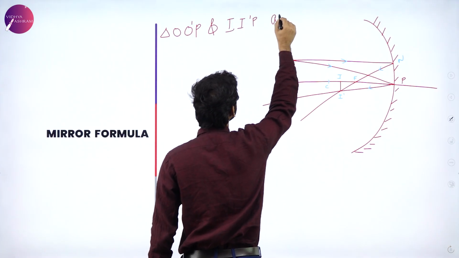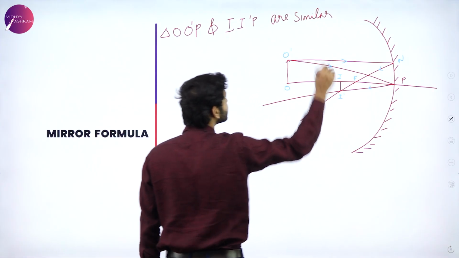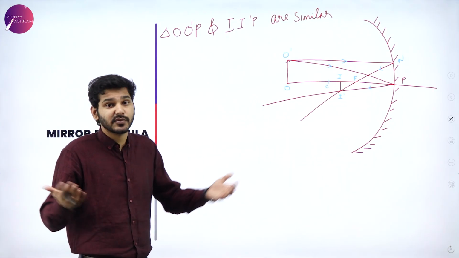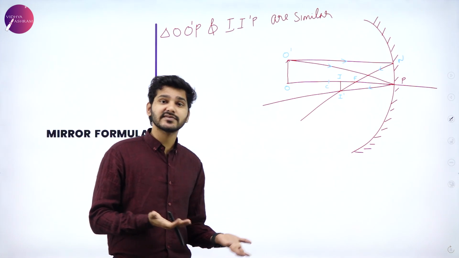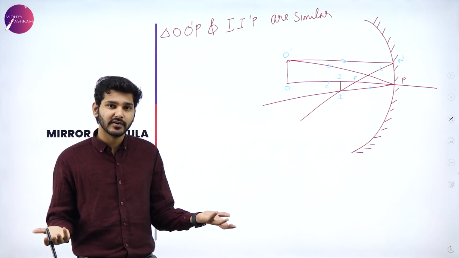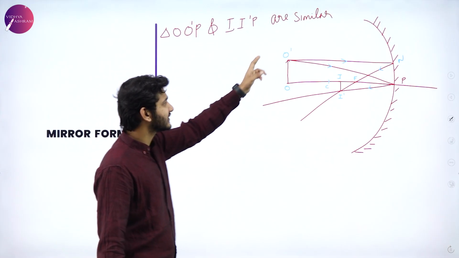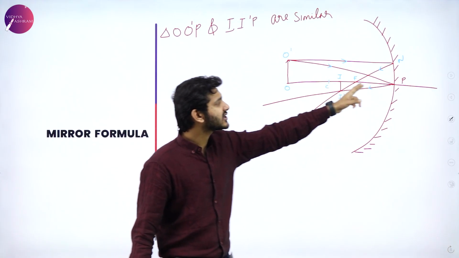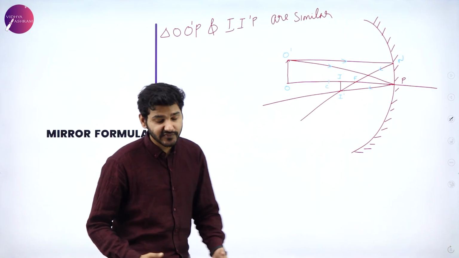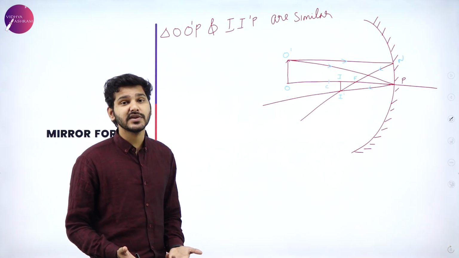Since they are similar triangles, what does that mean? The ratio of their sides will also be the same, right? We can take the ratio of their sides and the ratio of their sides will always be equal.